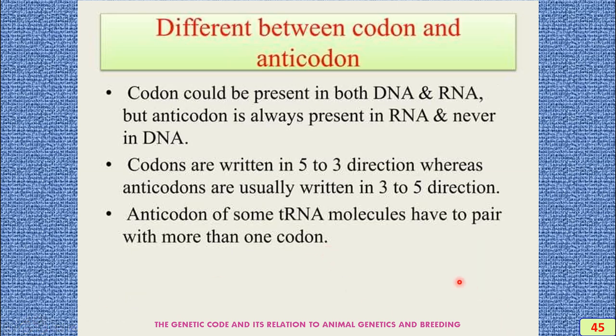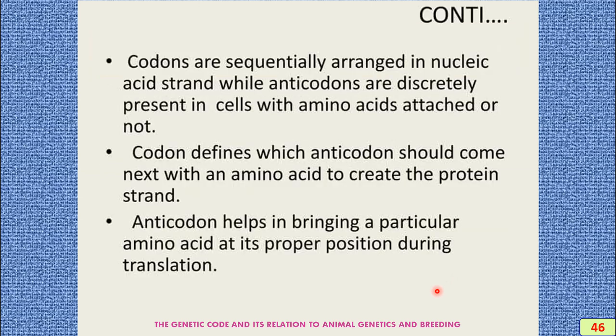Then the anticodons of RNA molecules can pair with more than one codon. Codons are sequentially arranged in the nucleic acid strand, while anticodons are discretely present in cells, with amino acid attached or not.